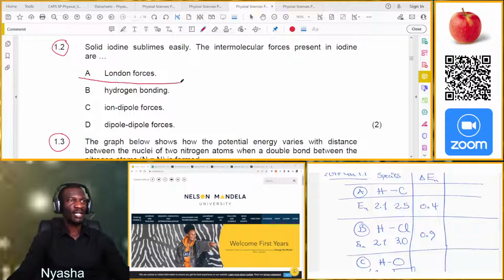We've got London forces. Remember last week? Are they hydrogen bonds? Are they ion dipole? Are they dipole-dipole forces? If you still recall, we would have our solid iodine because it has London forces.